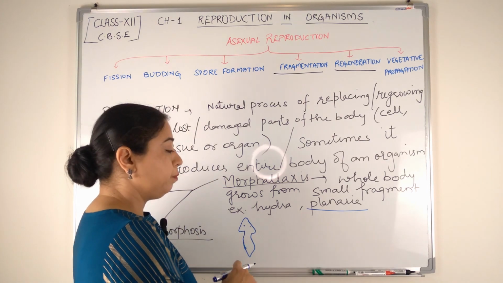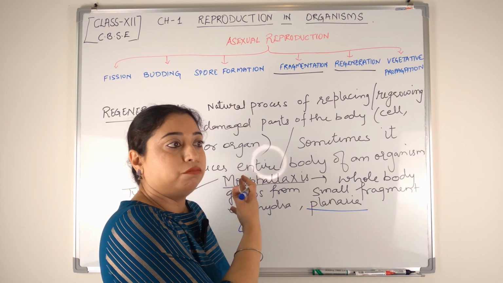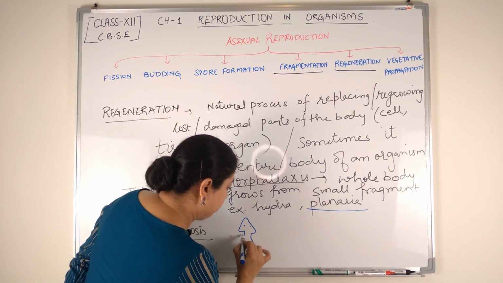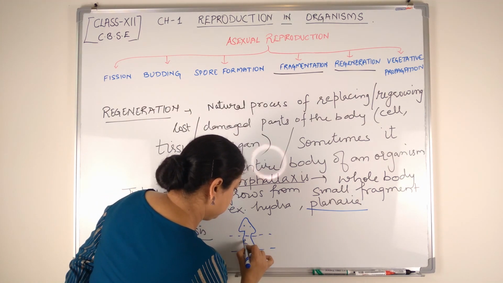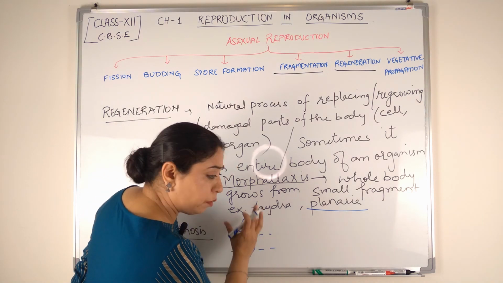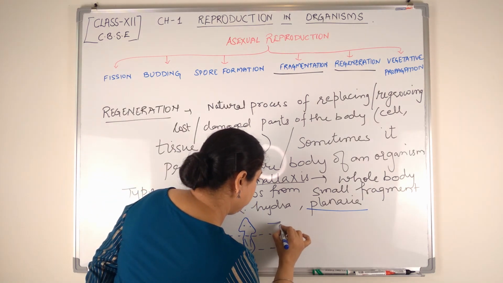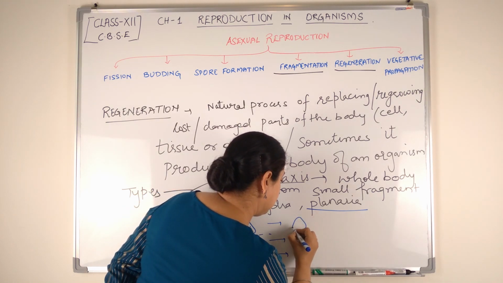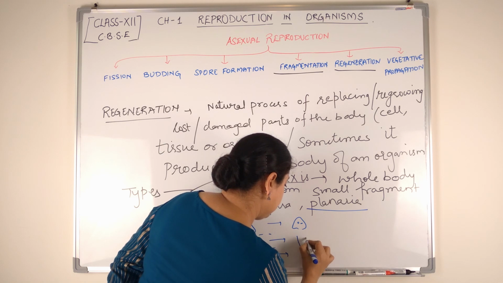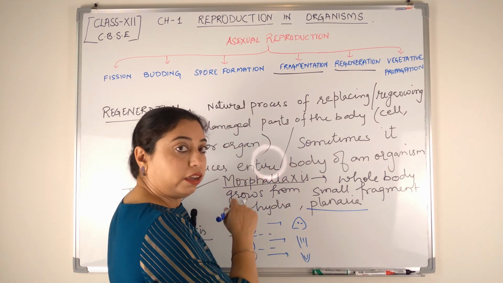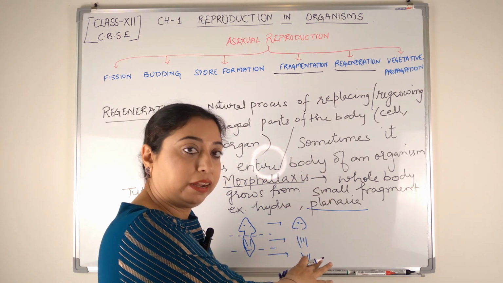What happens is, due to some reasons or any accidental reasons, sometimes the planaria breaks into fragments. Okay, so this planaria, the parent planaria, gives rise to 3 fragments like this. Right, it breaks into 3 fragments.